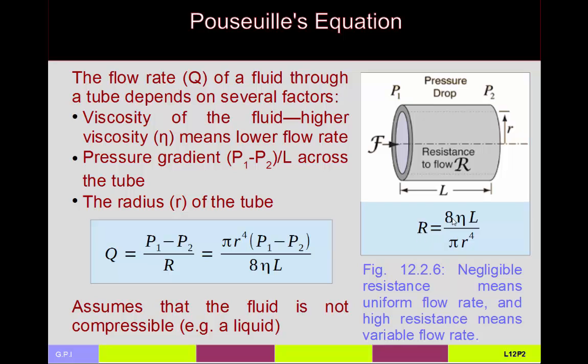And that resistance to flow is given by 8 times the viscosity coefficient times the length of the tube divided by pi times the radius to the 4th power. Or in other words, if we substitute this equation in for capital R, the volume flow rate is pi times r to the 4th times the pressure drop divided by 8 times the viscosity times the length of the tube, that is.